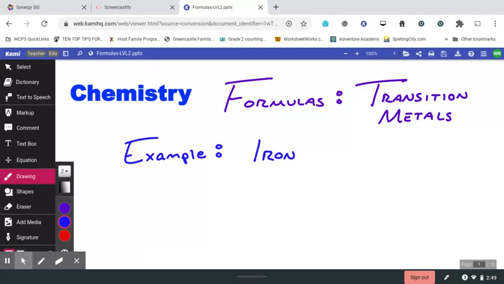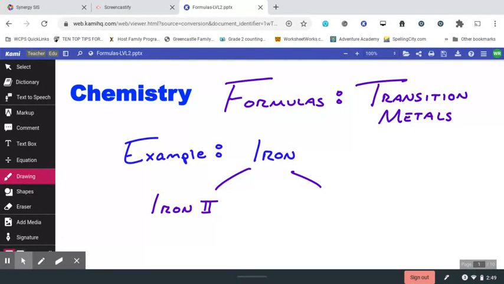So if you would look at your ion list, you will find that iron has two varieties there. It has iron 2, there's a Roman numeral 2, and iron 3. Okay. Now, what that means is you actually have two oxidation states there.